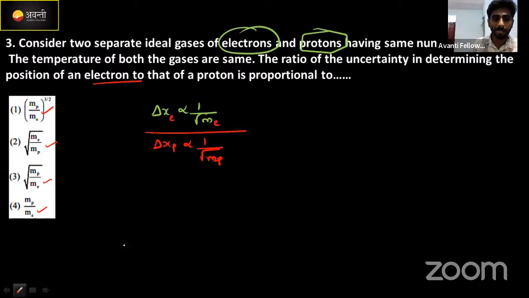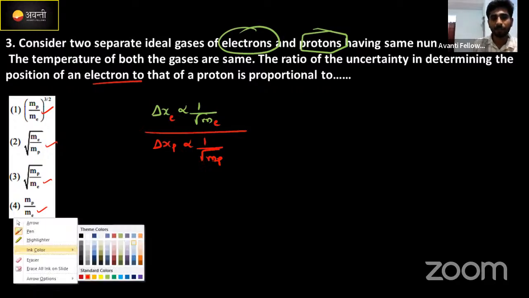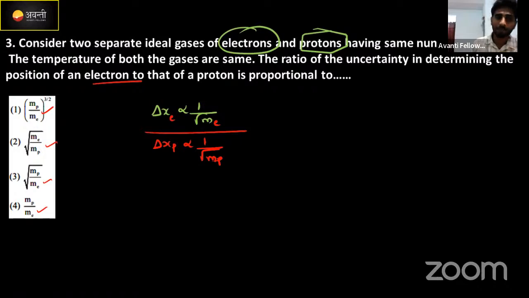Right. Now next, see, this is a reciprocal, so it will come to the numerator. Then delta x e upon delta x p, that is the uncertainty in position, is proportional to the root of m p. m p means not Madhya Pradesh, it is the mass of a proton, correct?